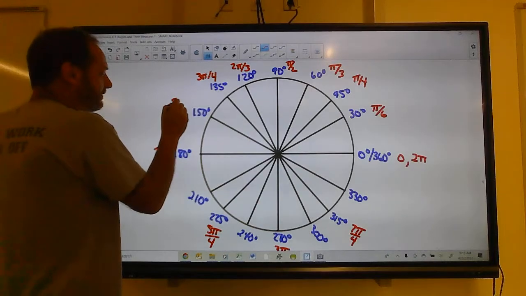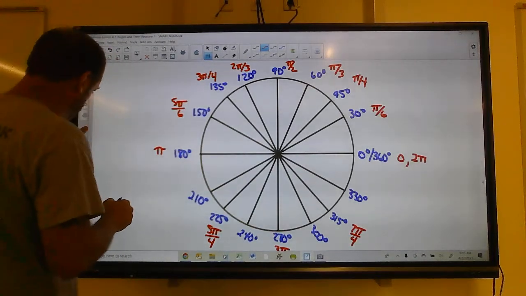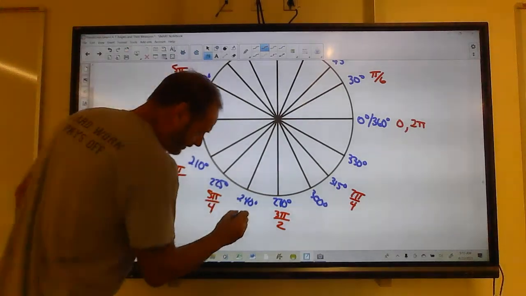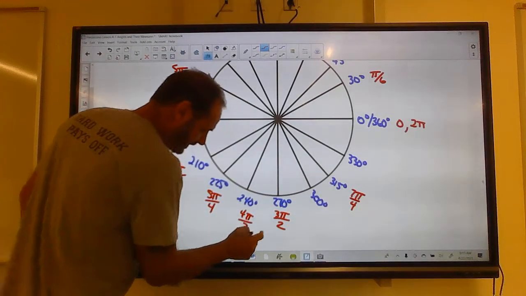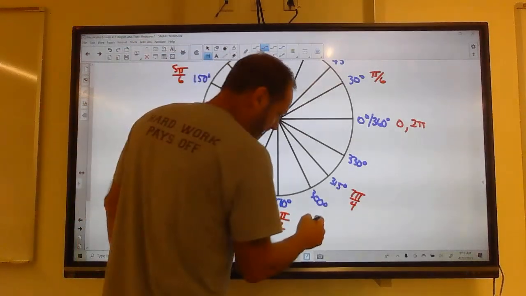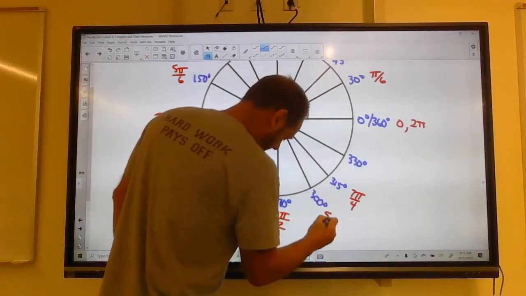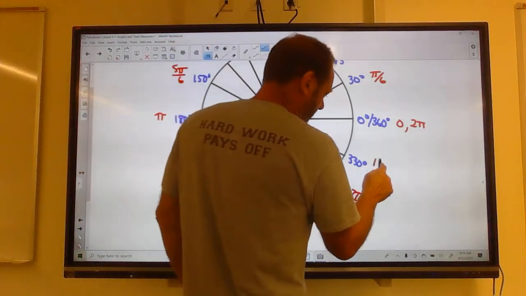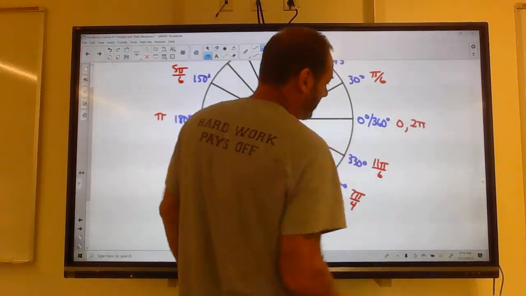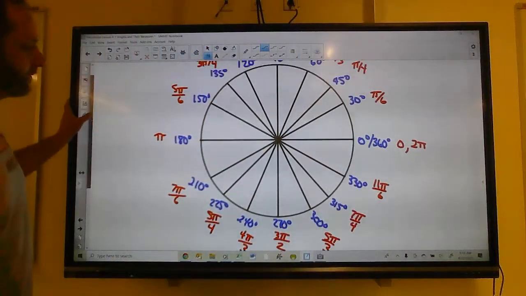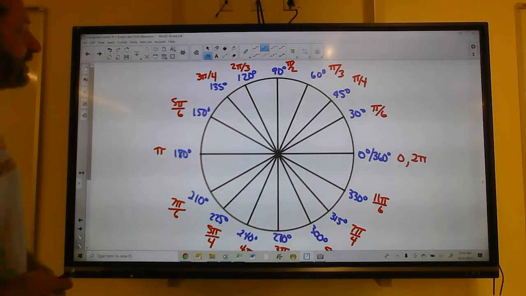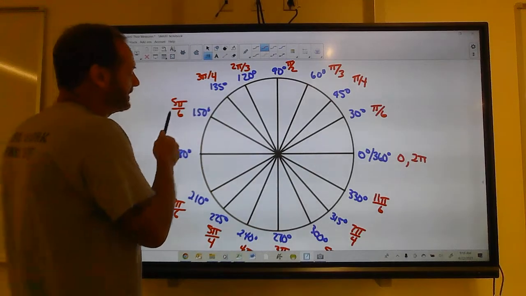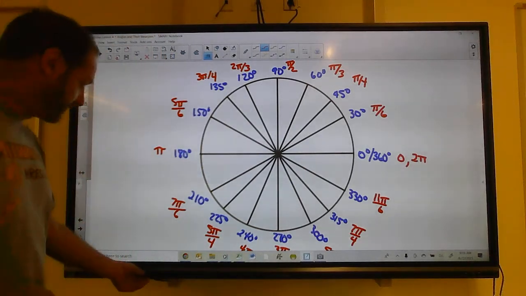This would be 5 pi over 6, 6 pi over 6, 7 pi over 6, 8 pi over 6, which would be 4 pi over 3, 9 pi over 6, 10 pi over 6, that would be 5 pi over 3. This would be 11 pi over 6, and this would be 12 pi over 6, which is 2 pi. Okay, so you can convert from this unit circle between radians and degrees for certain angles.